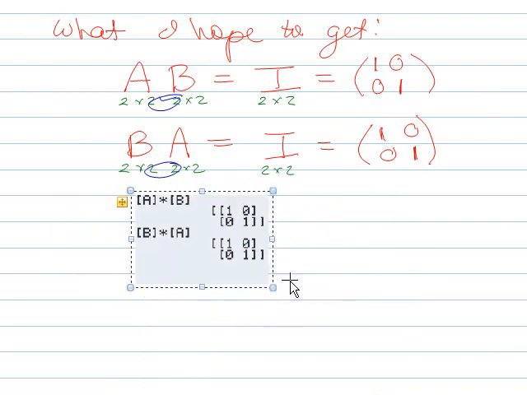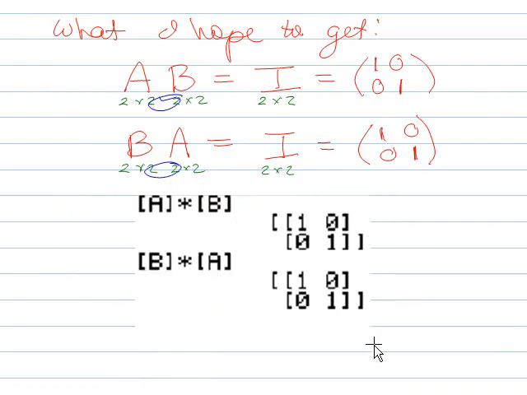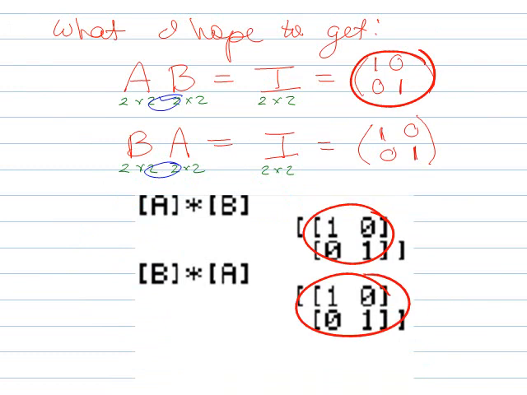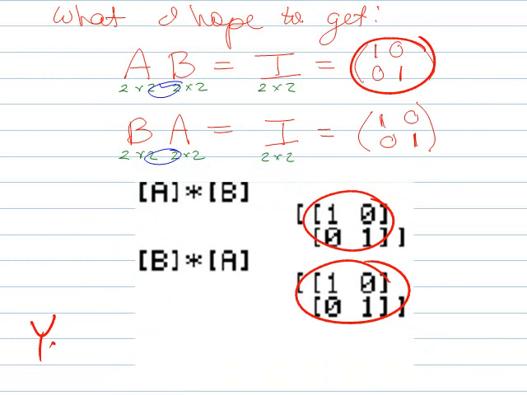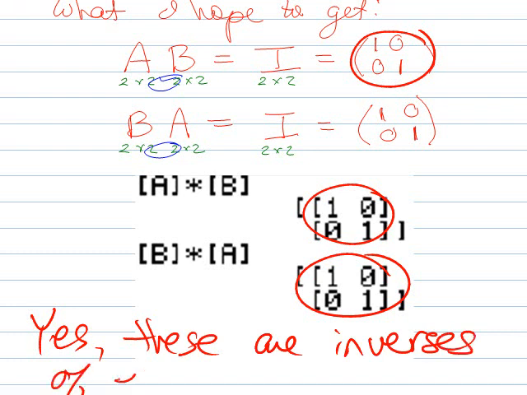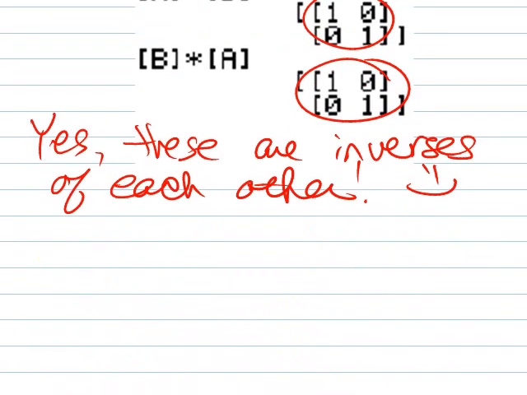But you can see that if I multiply A times B and B times A, I get the identity matrix here, and I get the identity matrix here. So I can say, yes, these are inverses of each other. And I can put a smiley face, because I like inverses.